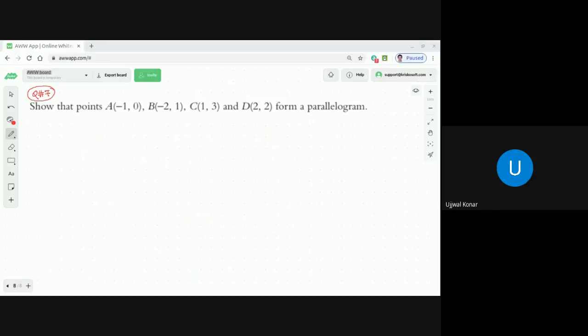Exactly. The actual way of saying this: opposite sides are equal, but diagonals are not equal.